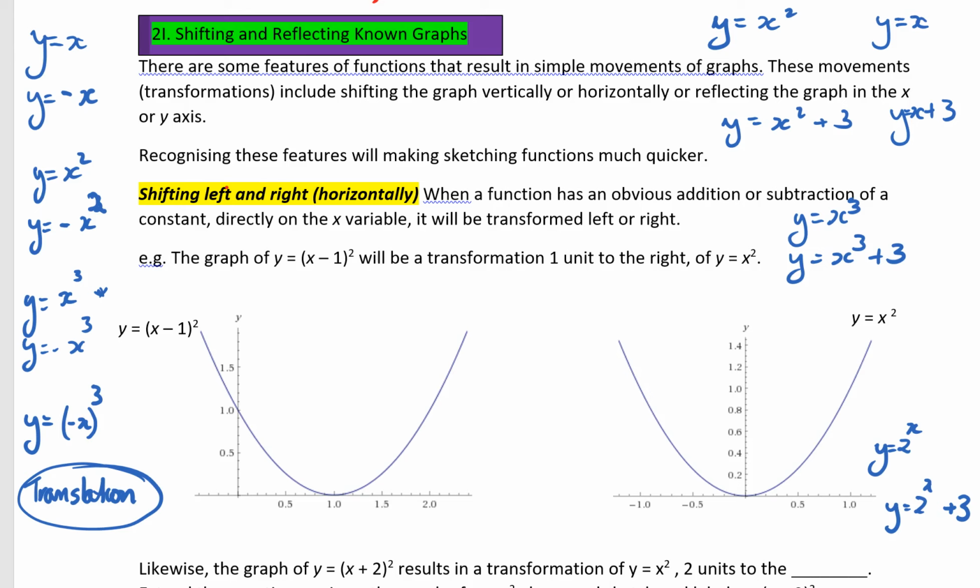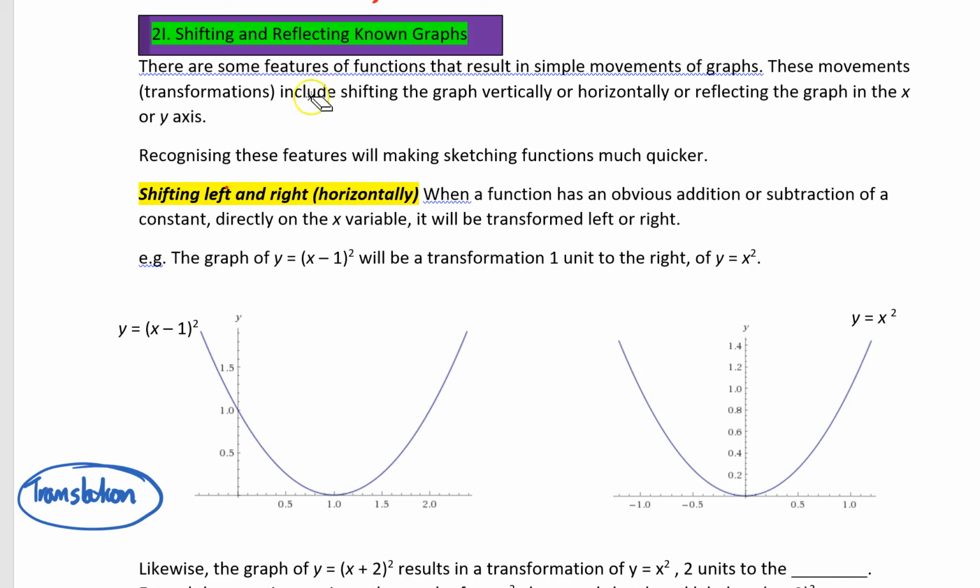They still have the same impact. Even circles, you'll learn that the impact of a change directly to x and a change directly to y will have the same impact on a circle as it does on any of these other graphs.